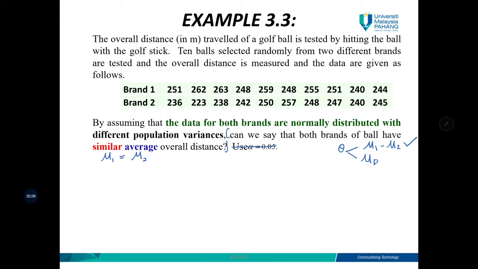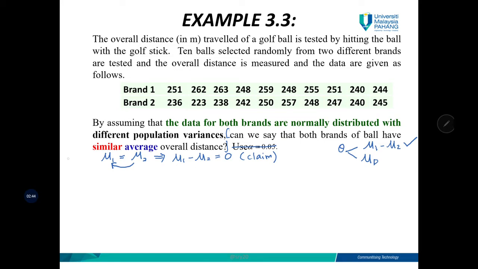For this case, the form for theta is mu1 minus mu2, so we need to transfer mu2 to the left side. The new form for this claim will be mu1 minus mu2 equals 0, and this is the claim. After we identify the claim, the next step is to construct the hypothesis.